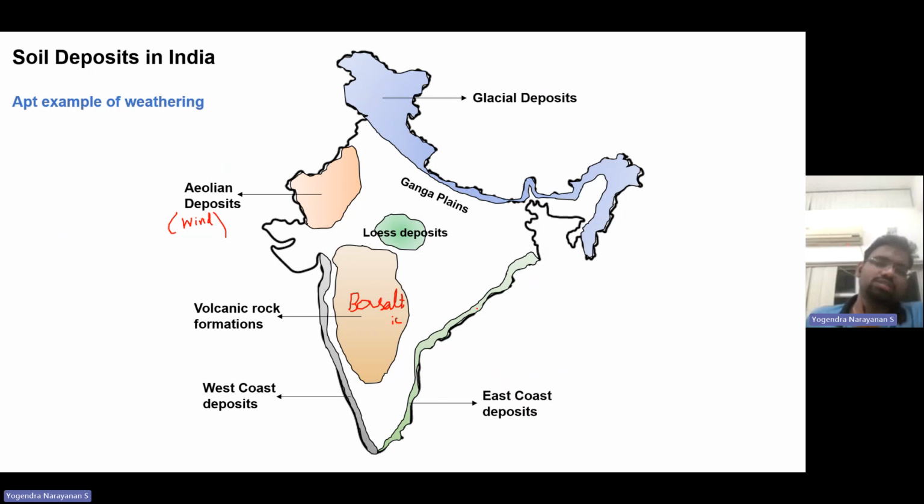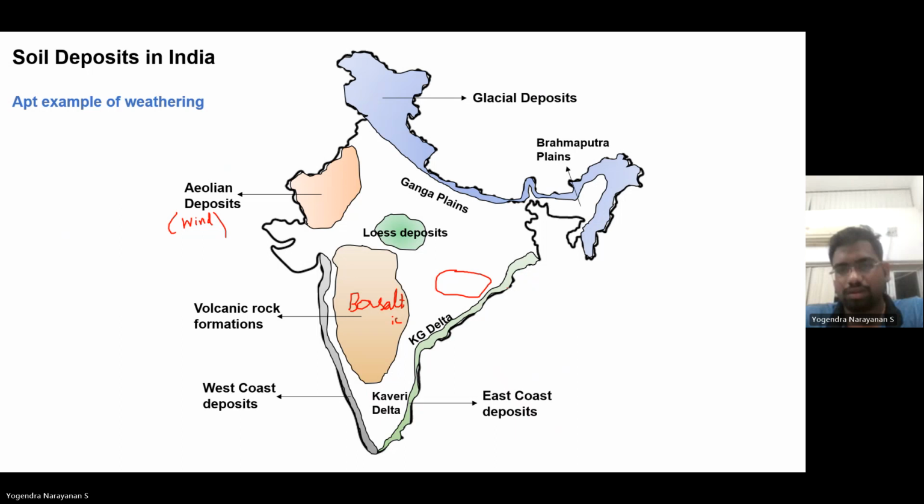Some of the rivers consist of Ganga, Kaveri, KG Krishna Godavari Delta, Brahmaputra, and part of here is Mahanadi Plains, where the Ganga Plains extend from, and Punjab Plains.